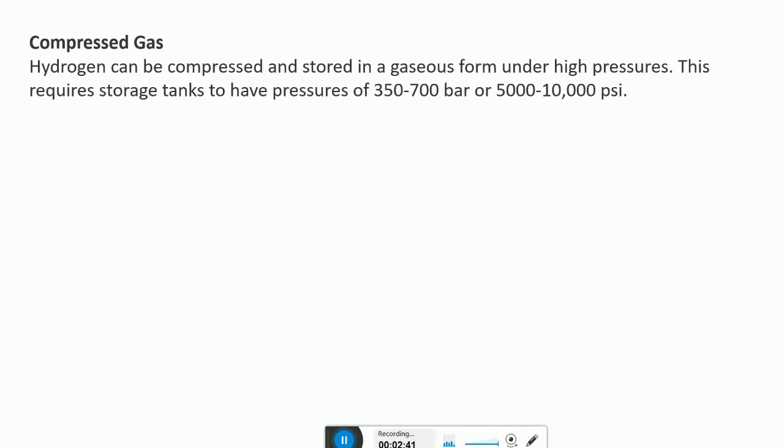Compressed gas. Hydrogen can be compressed and stored in a gaseous form under high pressures. This requires storage tanks to have pressures of 350 to 700 bar.